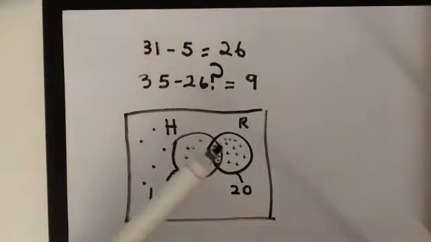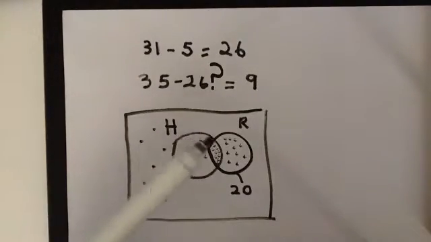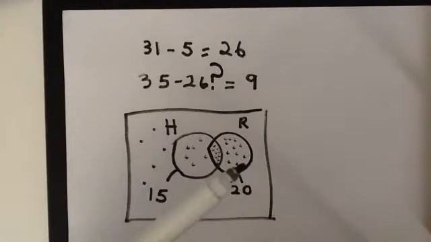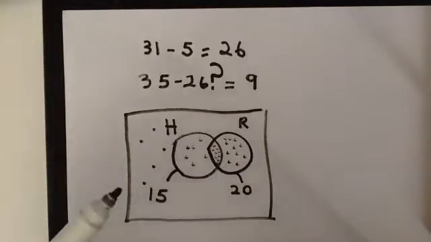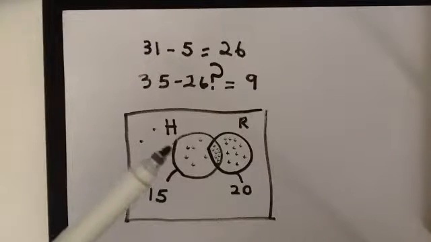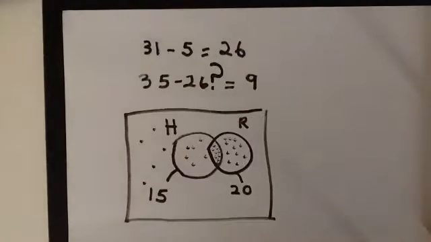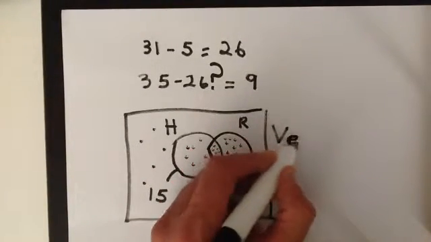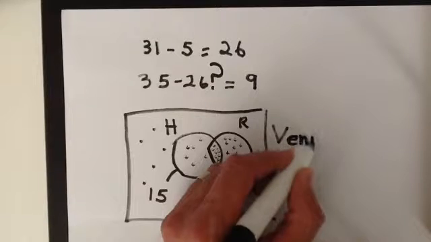So if we count the number of dots now, in this circle I've got 15, 16, 17, 18, 19, 20, 21, 22, 23, 24, 25, 26, 27, 28, 29, 30, 31. So that's how that works. Now, diagrams like this are called Venn diagrams, after the person who invented them.